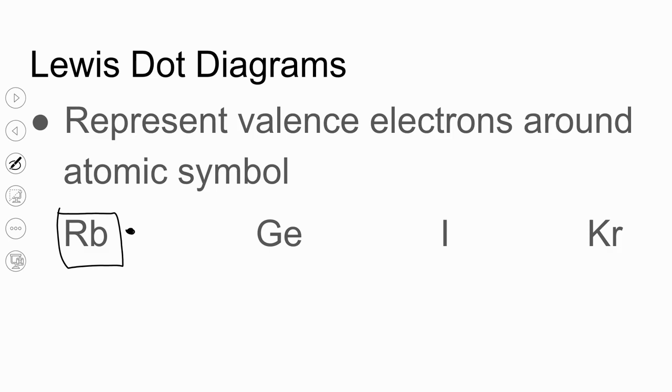All right, how about Ge, germanium? How many valence electrons? 4. Good, 4. There are a few different ways to do this. I like to draw 4 all by themselves because this helps us understand that things with 4 valence electrons can bond to 4 different things.